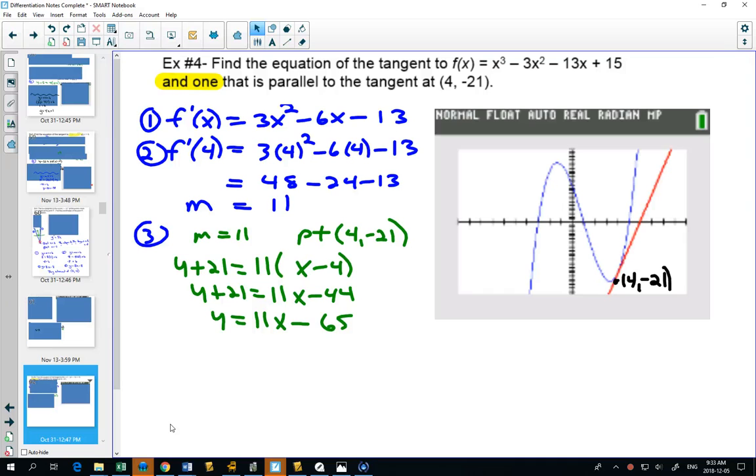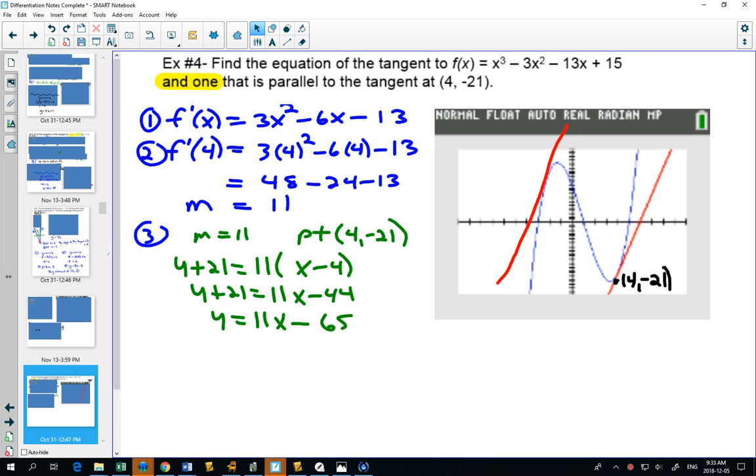And sometimes a question like this on an exam will say, are there any other tangent lines on this graph that have the same slope as that one? If I drew that same tangent line, is there anywhere else on this graph you think there will be that tangent line?